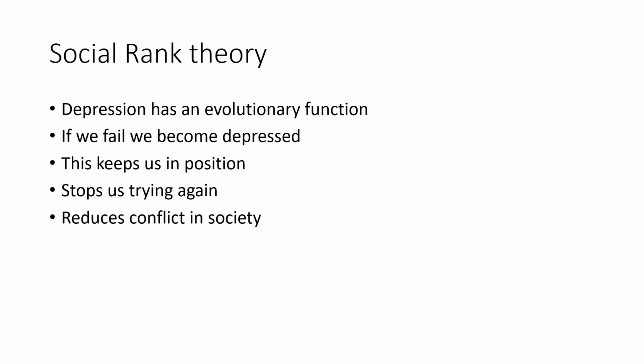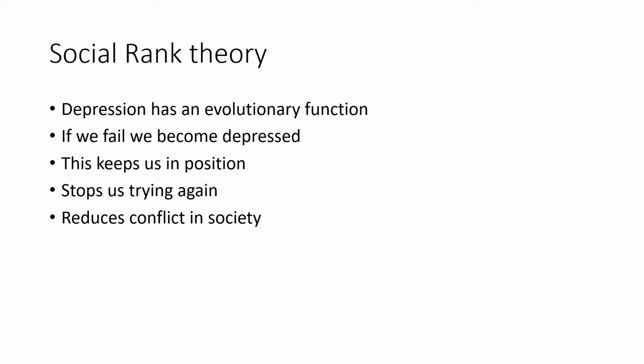So the way social rank theory works in terms of explaining depression is that it suggests that depression is an evolution, and it's got a function to keep us safe in society. The suggestion is that if we try and move outside our social rank, so outside the role or the job or the class that we are in, and we fail, then an episode of depression might stop us trying to move outside that rank again.